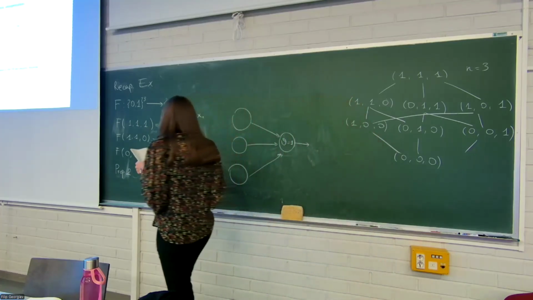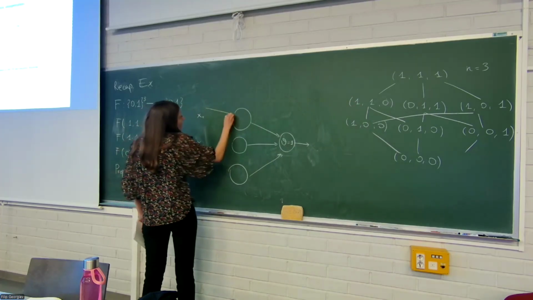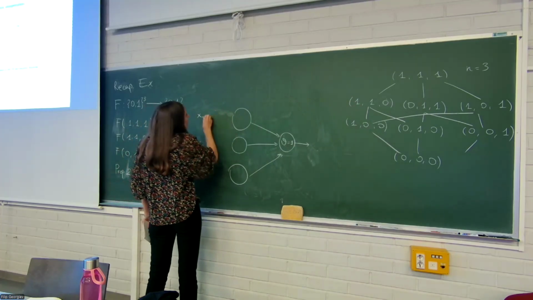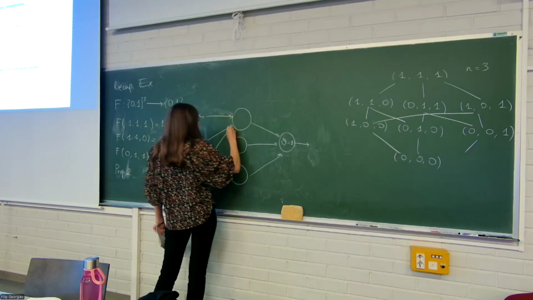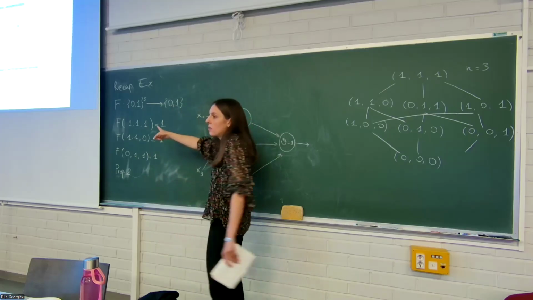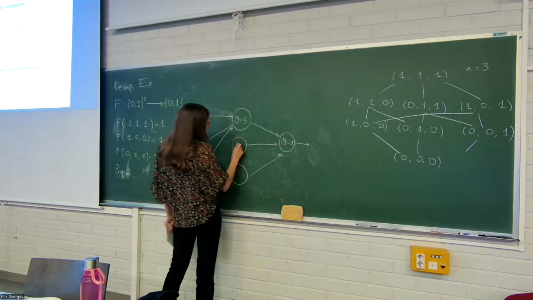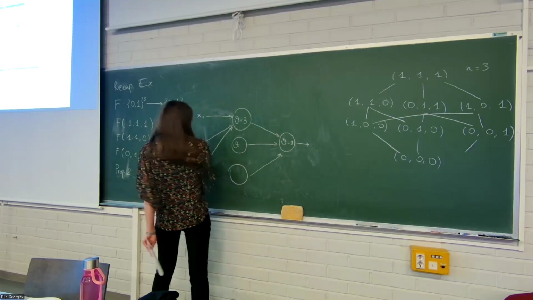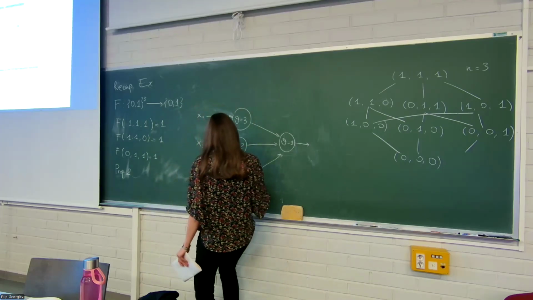Decoders, I'm just explaining those: this vector has all ones, so I put theta equal to 3 because it has 3 ones. For this one, I put theta equal to 2 because it has 2 ones, and for this I put again theta equal to 3.